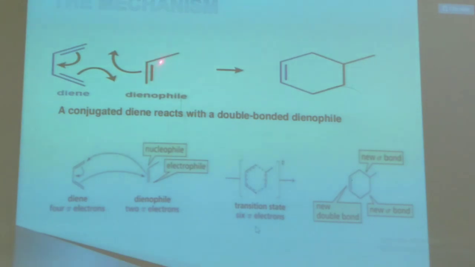In the dienophile with substituent, the pi electrons will move towards that carbon and that carbon will become electron deficient. So the electron rich carbon will attach itself to the electron deficient carbon, and a cyclic structure will be formed, that is methyl cyclohexene. A conjugated diene reacts with the double bonded dienophile.